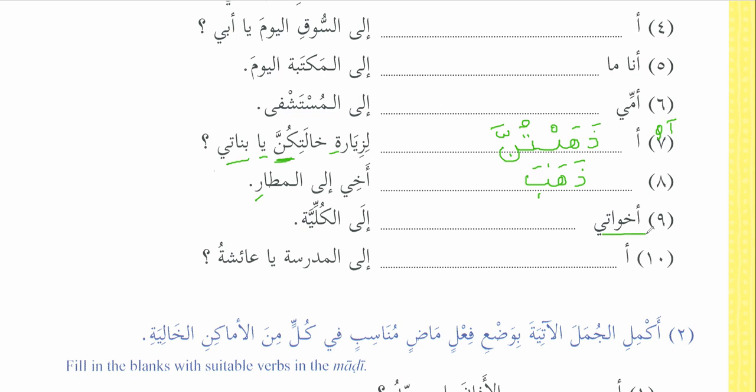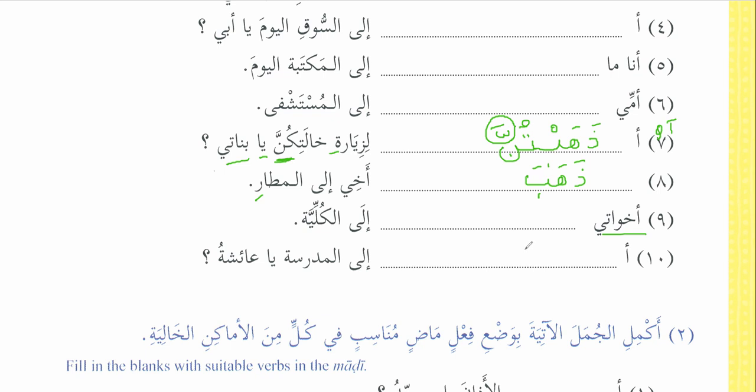Akhawati. Now akhawati is feminine plural in the ghaib. I'm not mukhatib to them. So quickly go to the ghaib and search for the pronoun for the feminine plural. Remember, we have tunna, noon shadda in the mukhatib, and we have a different type of damir in the feminine plural, noon niswa. It is written as noon fatha.